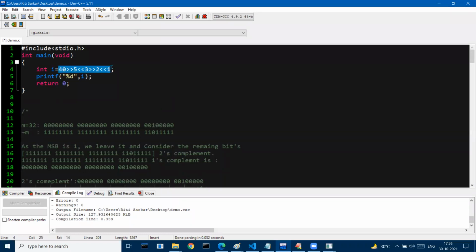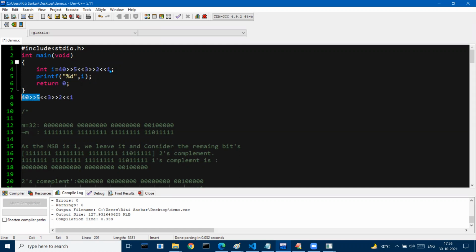Left shift, right shift. Left shift, right shift. Both are having same precedence. Correct. Associativity is left to right. Modulina, your answer is correct. So what I will do, sir? First this fellow. 45 left shift by 3 is 40... 40 right shift by 5.